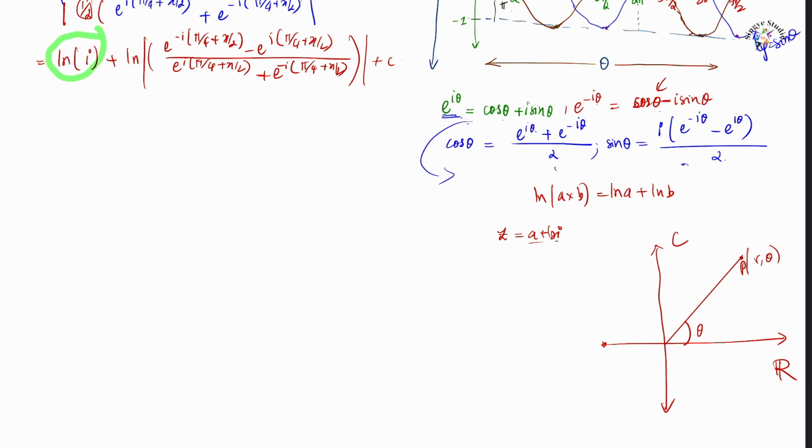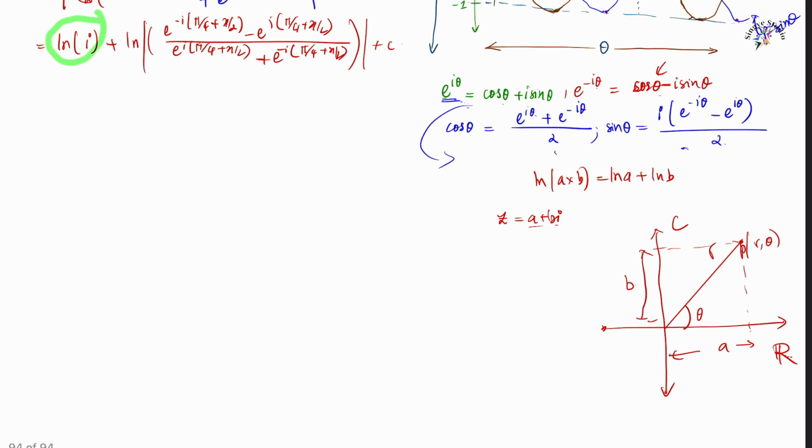This is the angle between the x-axis, the real axis, and r, and this is a, and this y value on the imaginary axis is b. Therefore, z in polar coordinates is r times (cosine theta plus i sine theta), okay?